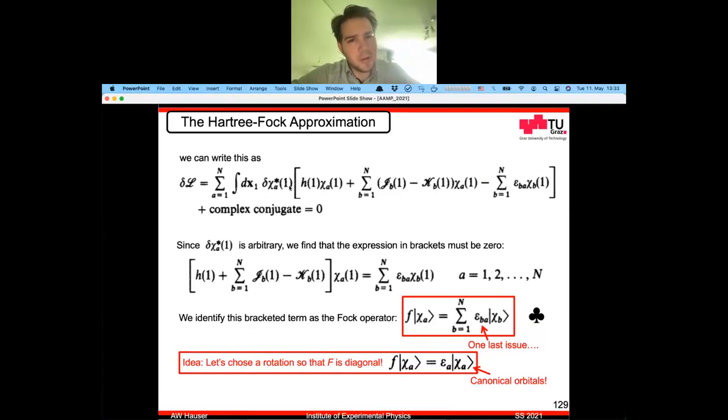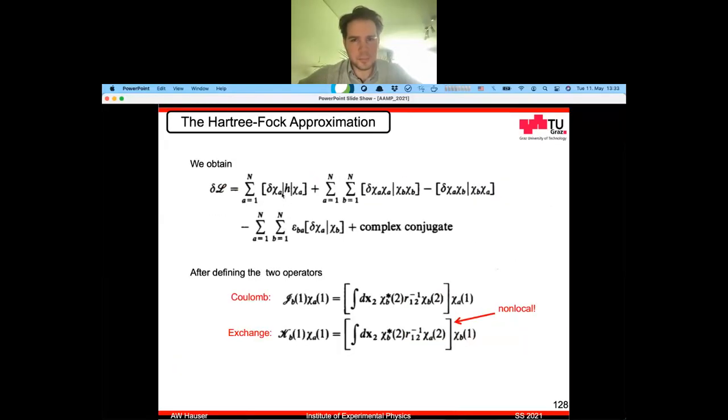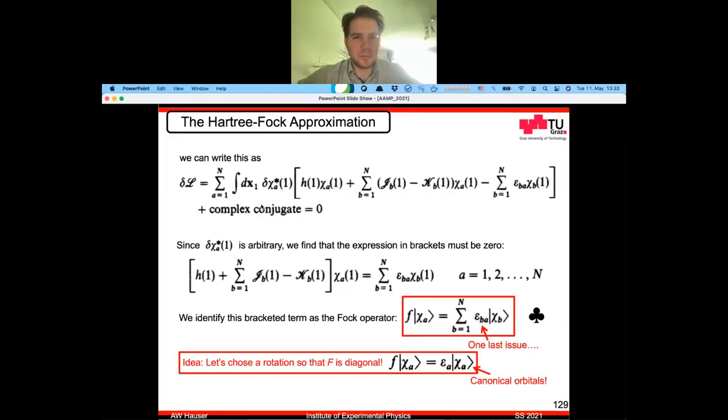We have pulled out our variation. Let me go back one more slide. The variation is in orbital A, chi A, here, and here, and here. And so I'm pulling this now out and writing the integration explicitly.